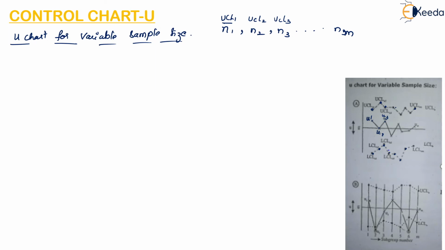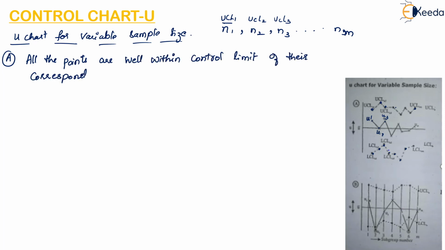So here these U values are within these two control limits. They are not going beyond the control limit. So from figure A, all the points are well within the control limit of their corresponding sample sizes or subgroup.